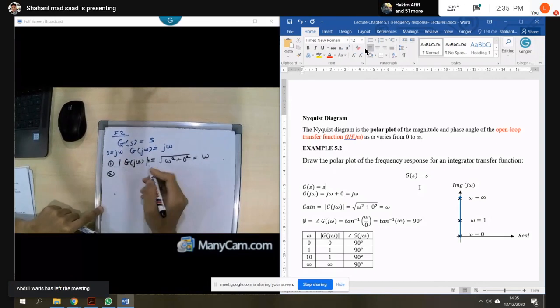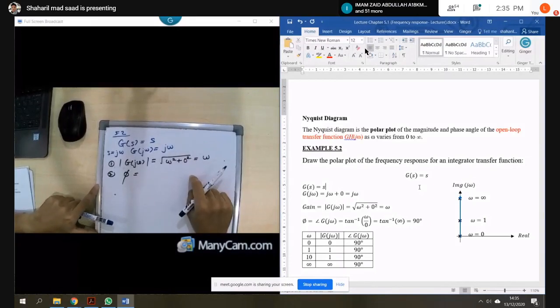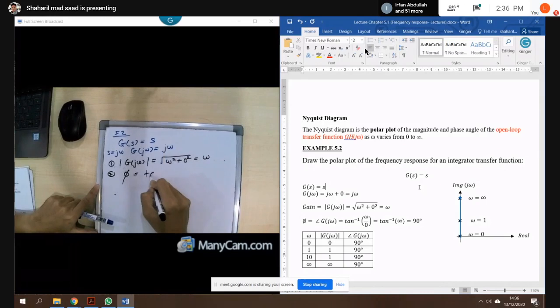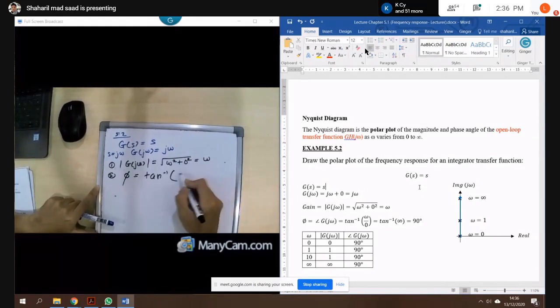And also the phase shift. This is what was asked by our friend James Kwan. If you don't have 1 over, it will be positive inverse tangent. What does positive inverse tangent mean?